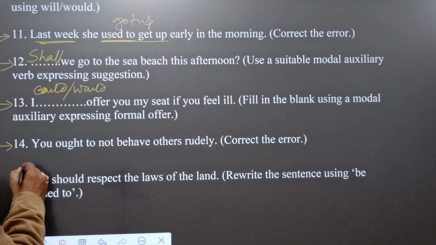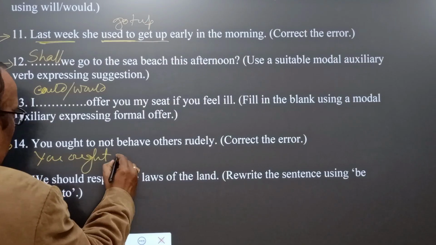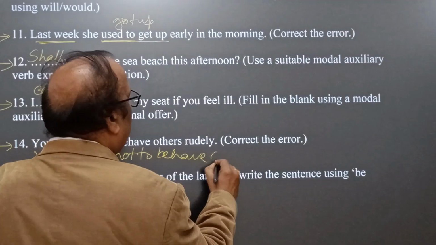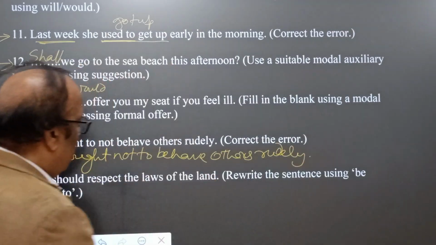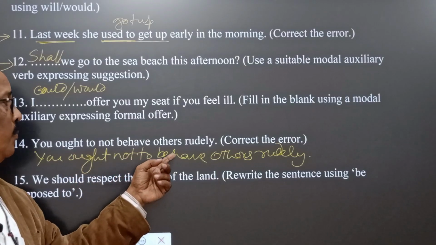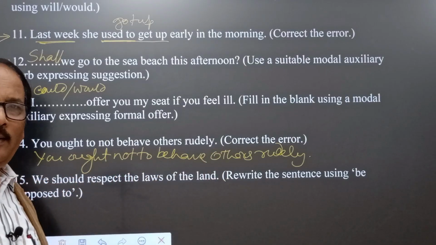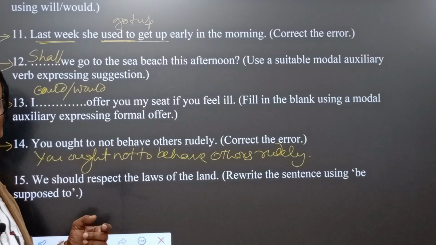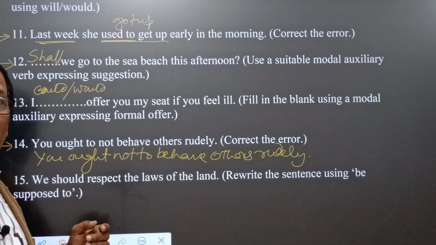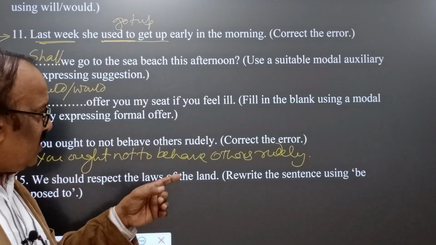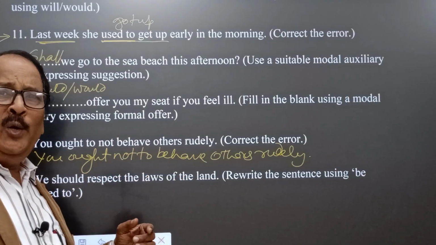Therefore, the correct answer is here, you ought not to behave others rudely. This is the correct answer. You oughtn't to behave others rudely. This is our moral duty. Don't hurt anybody's heart by using rough words or rude behavior.